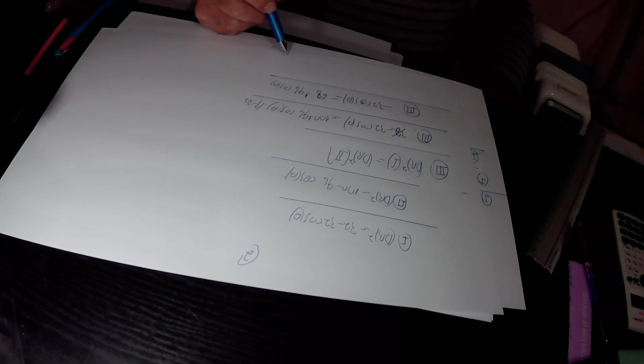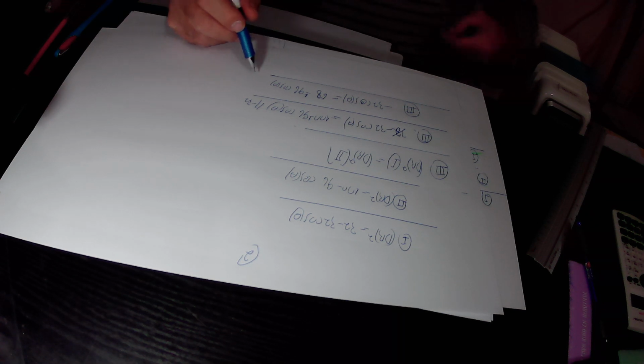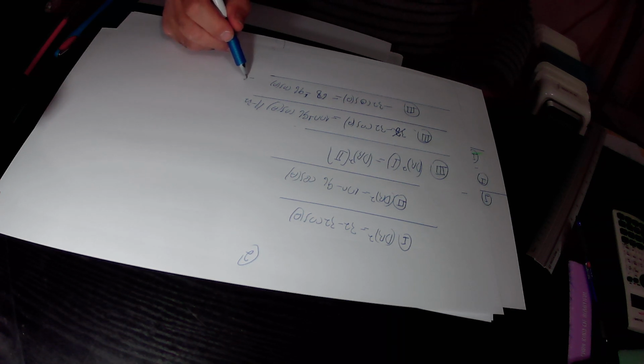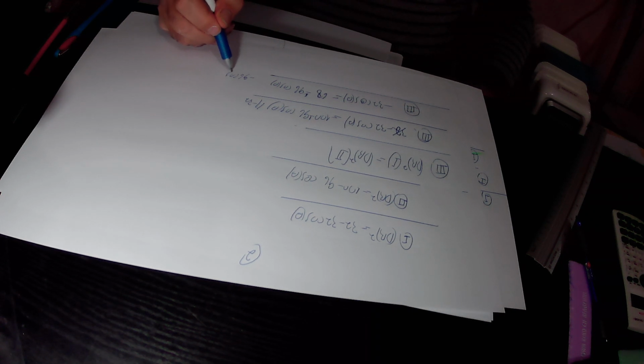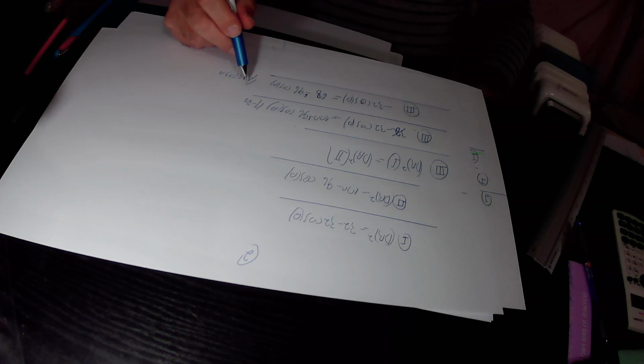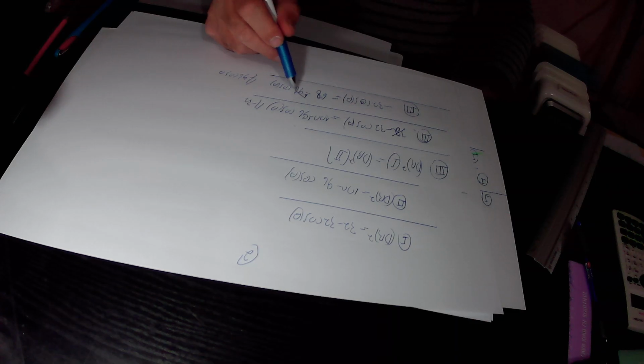So here we subtract 96 cosine theta from this equation. So here 96 cosine theta will get cancelled.